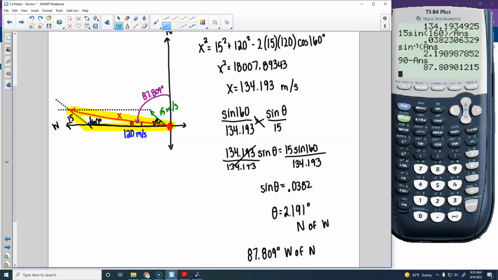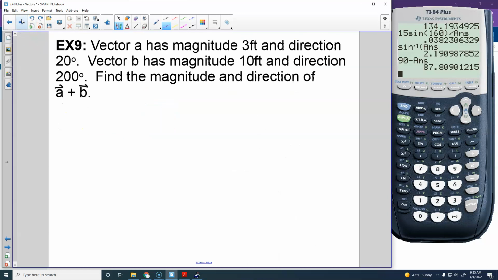All right, we've got one more, and it's not going to take us very long. So vector A has a magnitude of 3 feet and a direction of 20 degrees. Vector B has a magnitude of 10 feet and a direction of 200 degrees.